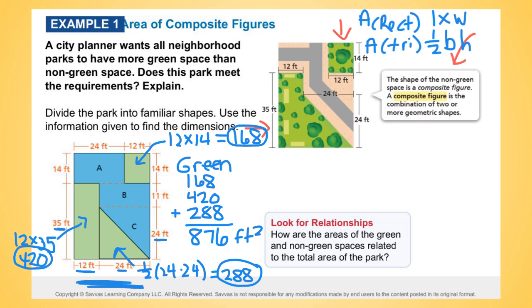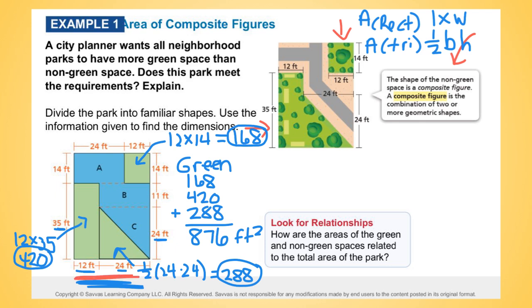Now to find the area of the non-green space, we have a couple of options here. We can take the entire big rectangle, green and blue together, and take out the green space, or we could continue to practice our areas. Let's go ahead and think about this as one big rectangle.